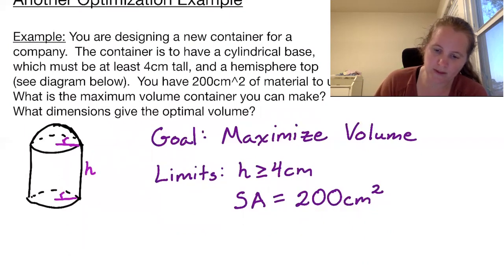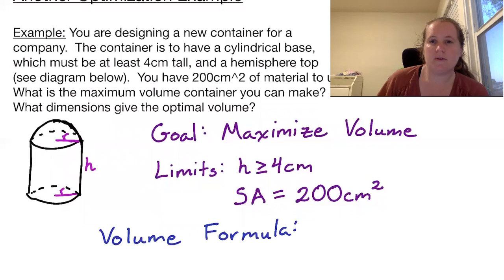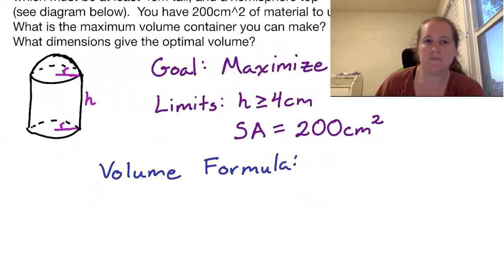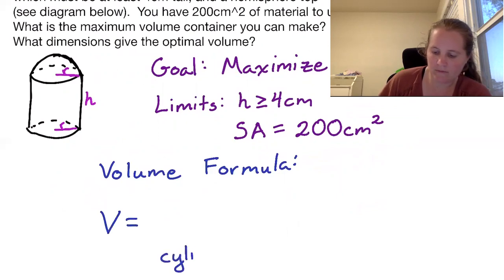For our volume formula, what we're trying to optimize, we're going to have to build this formula. So we have the cylinder, and we will have that half sphere or hemisphere up top.